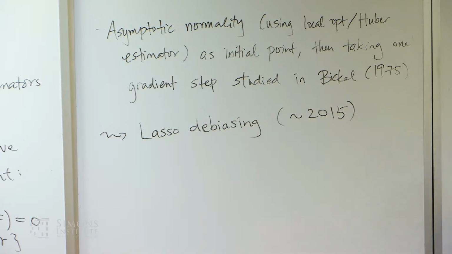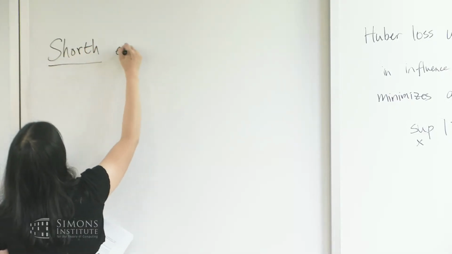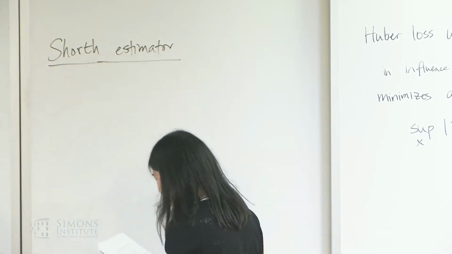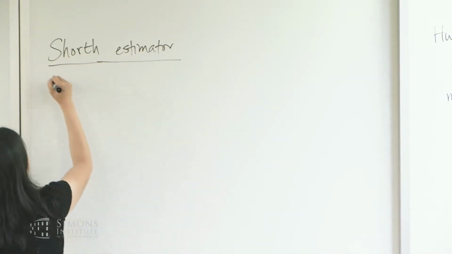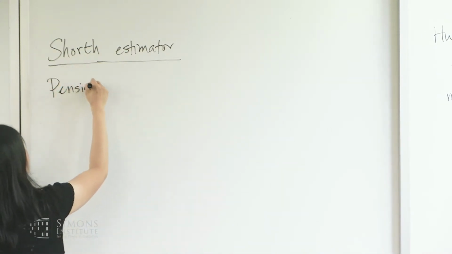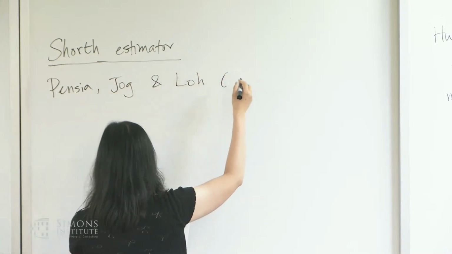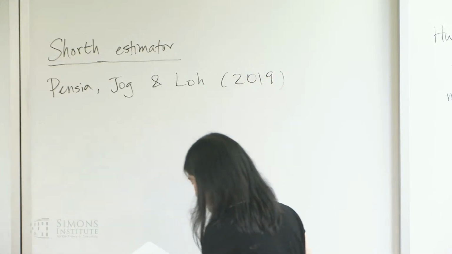So now let's talk a little bit about the Shorth estimator. And this is work by Ankit, who is here, Varun, who is here, and me. It first appeared in an ISIT paper in 2019.